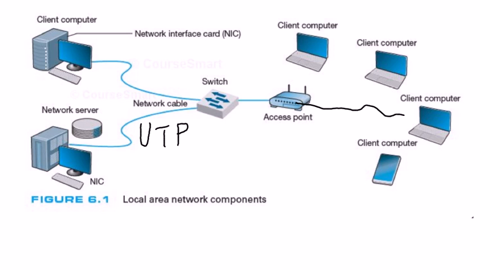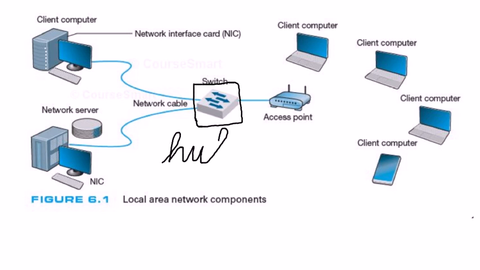Now the device in the middle here, the switch, is not the only network device that allows us to connect. There are switches, which is the primary device that's used now in networks, but the older network device was called a hub, and a hub is just simply a dumb connection.